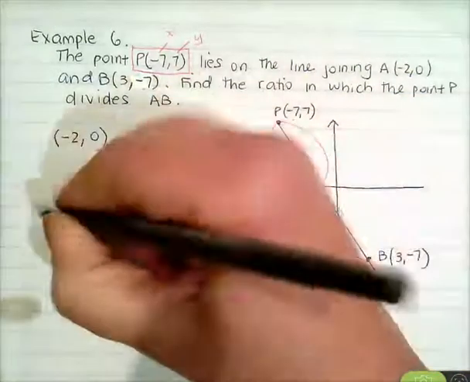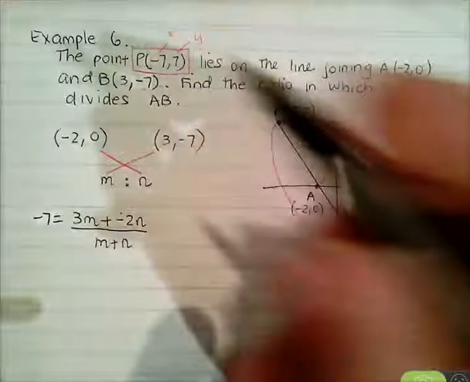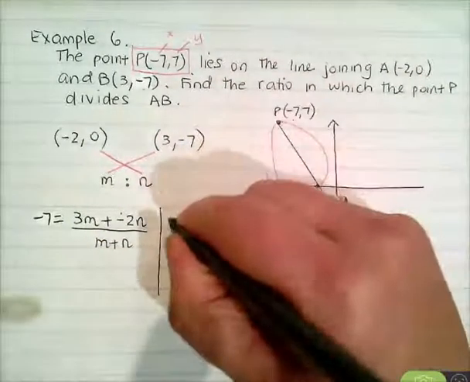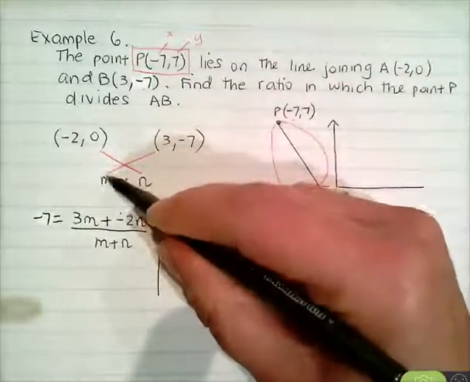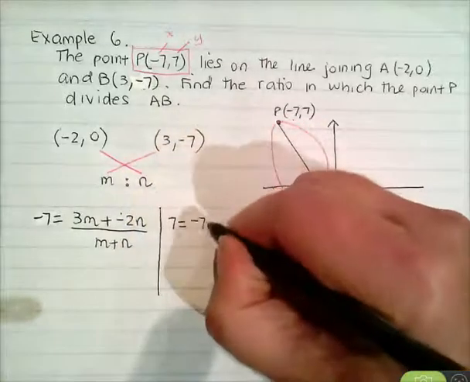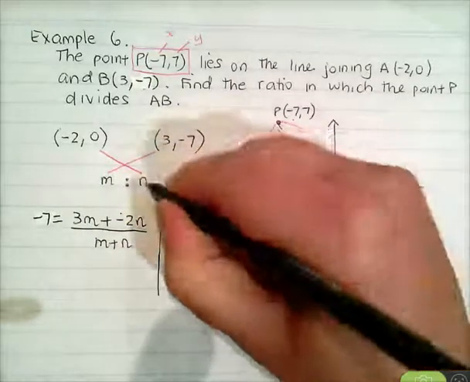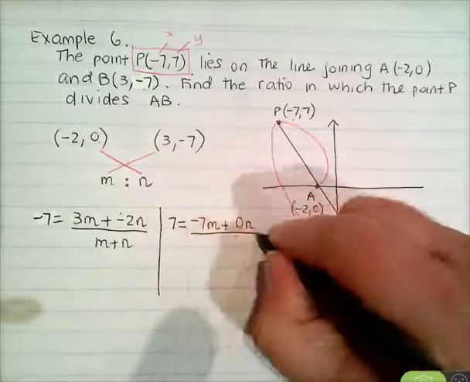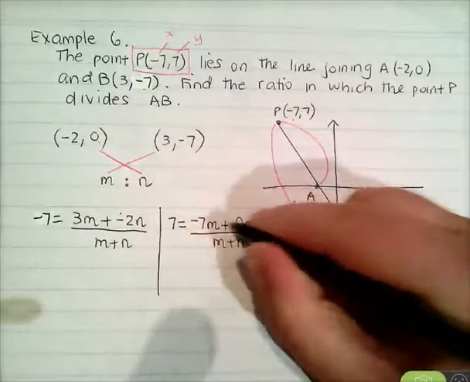So I'm going to put that in now. Okay, and I'll set up my equation with the y value, which is 7 is equal to, remember, m times the y value. So we get m times -7 is -7m, plus n times 0, which is 0n, over m plus n.